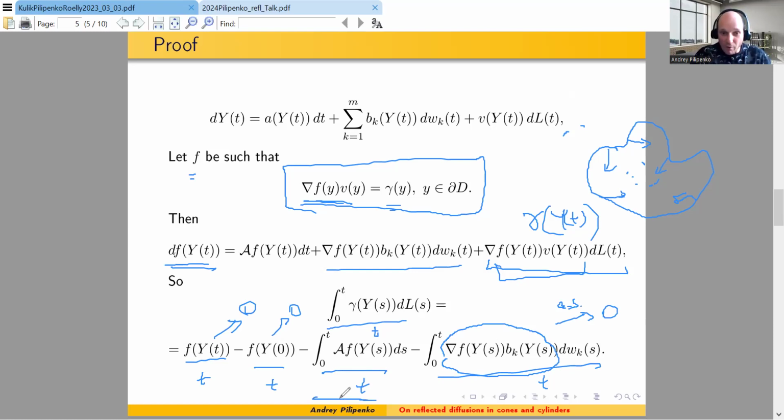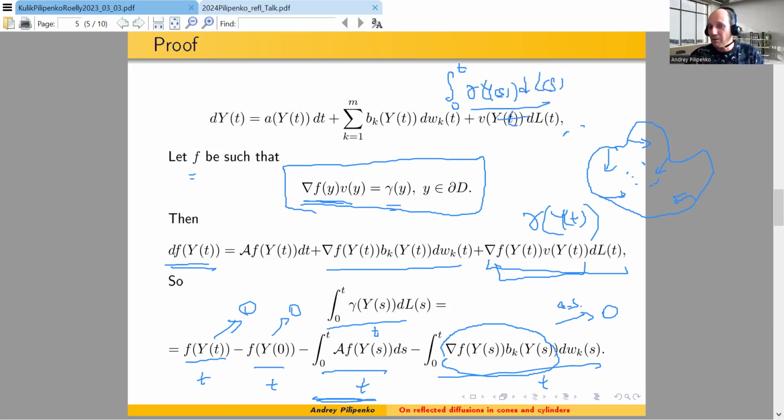And for this term, we have the law of large numbers. But you see, I want to have the law of large numbers of gamma of y of s dL_s over t.